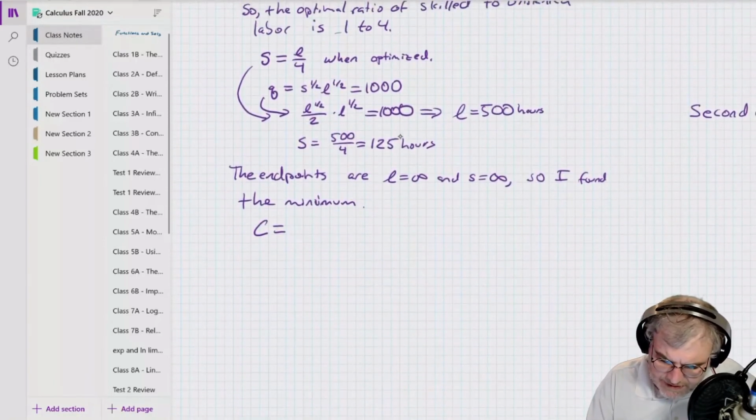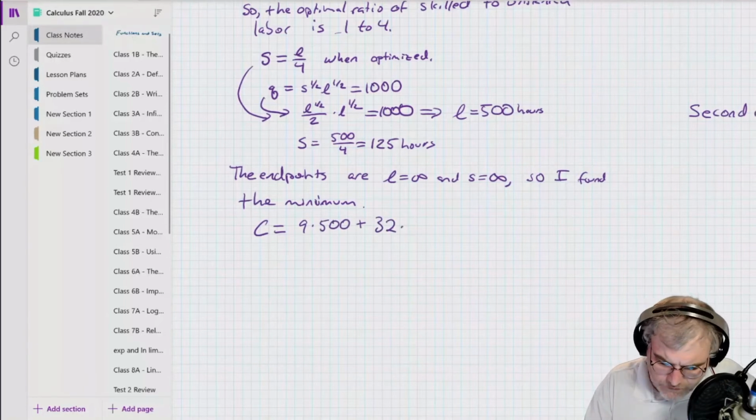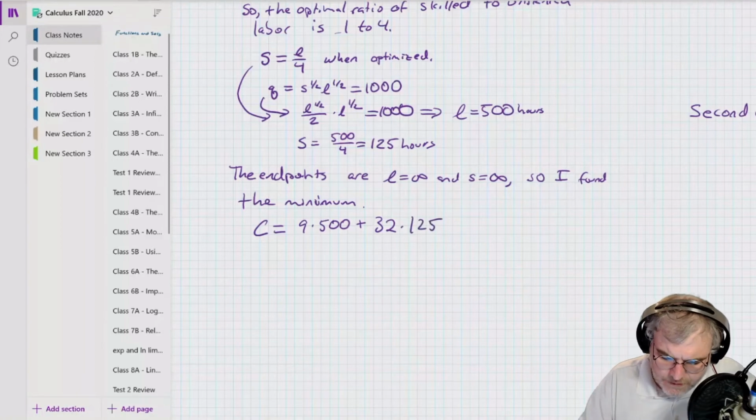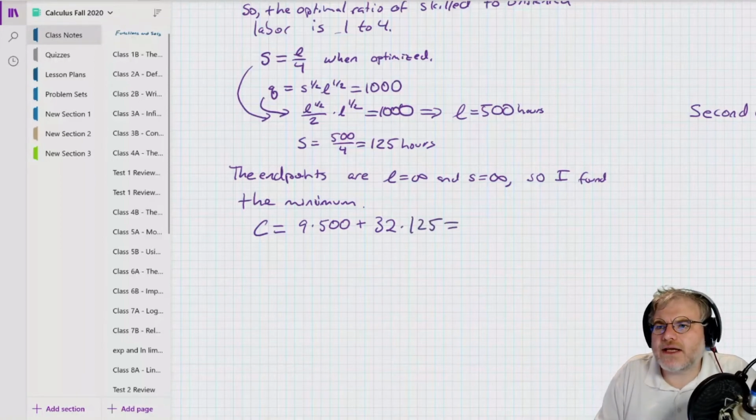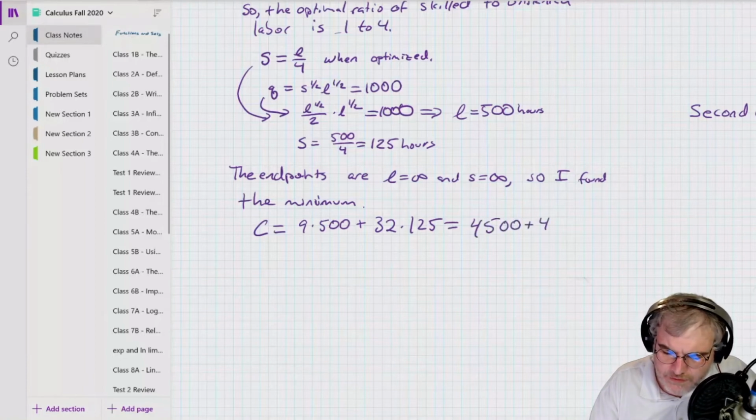So I've got 9 times 500 plus 36 times 125. When I plug it into my calculator, I wind up with 4,500 plus 4,500, which equals 9,000.